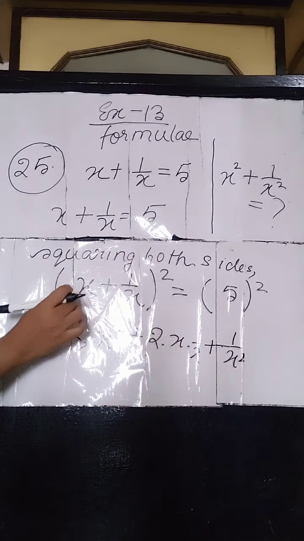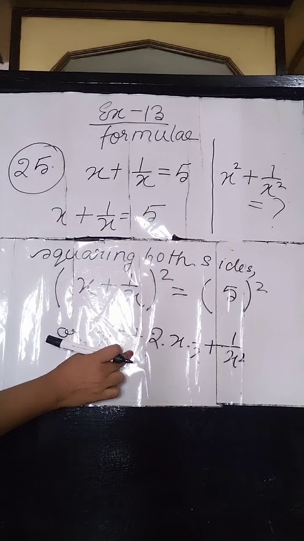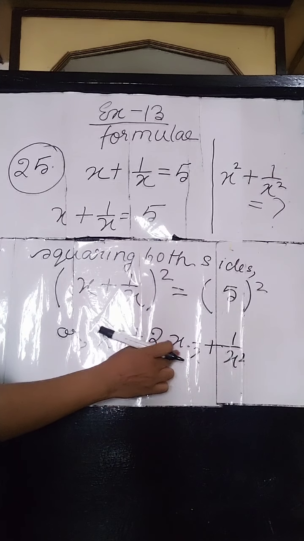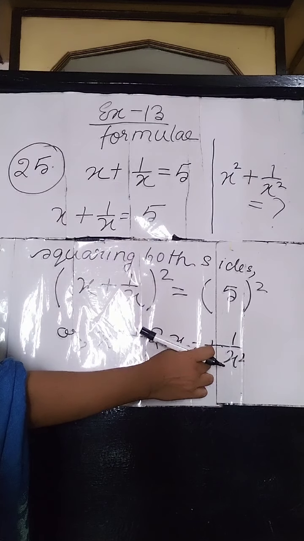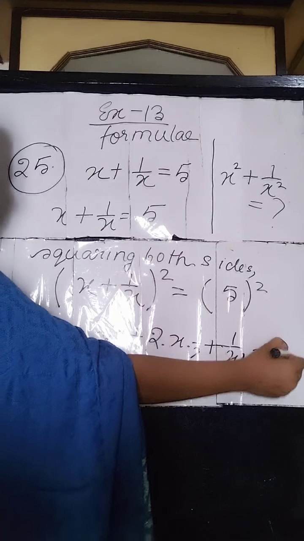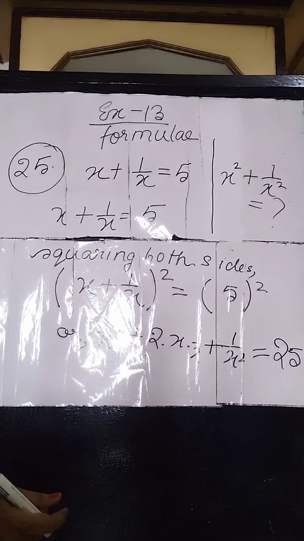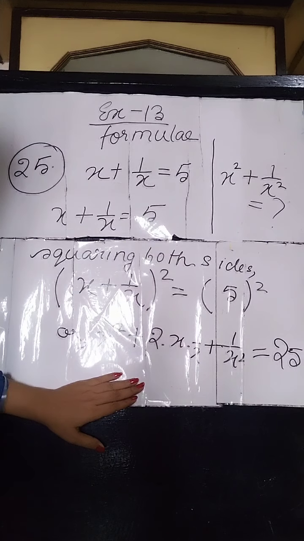Why? Because this is a plus b whole square. This is a, so a square means x square, plus 2 into a into b, that means 2 into x into 1 by x, plus b square, that is 1 by x whole square, is equal to 25. Why 25? Because the square of 5 is 25.